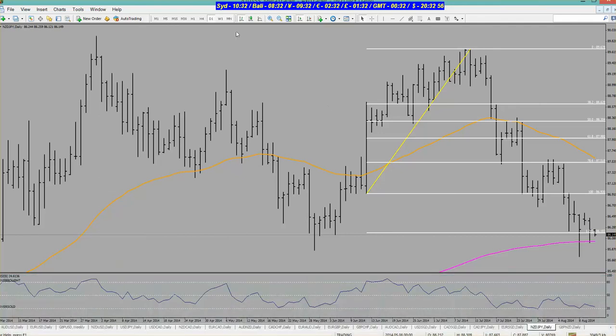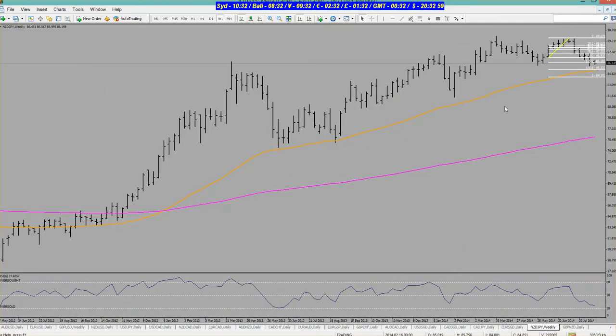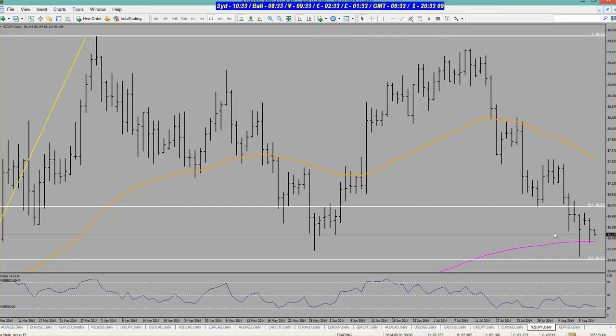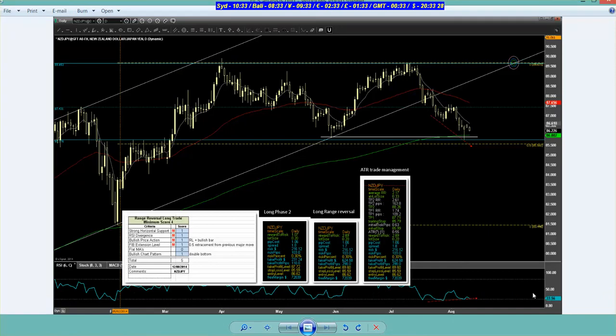But you've drawn the bigger move, which is okay too. I presume you've done this one. Something like that. You got the 50 fib. And that's okay too. There's obviously quite a bit of support down here, and slight divergence from that low to that low. What we don't have is the price action to follow through on it. Trade management, long reversal, phase 2.